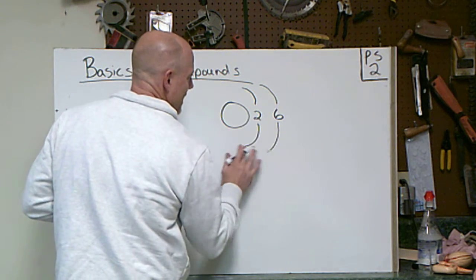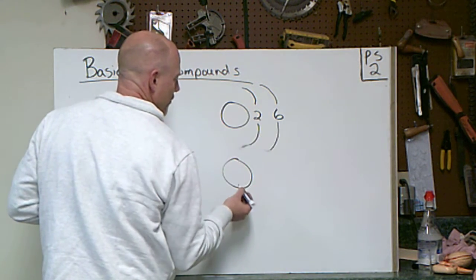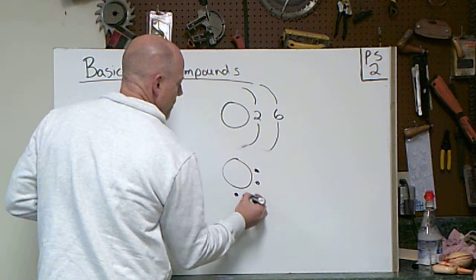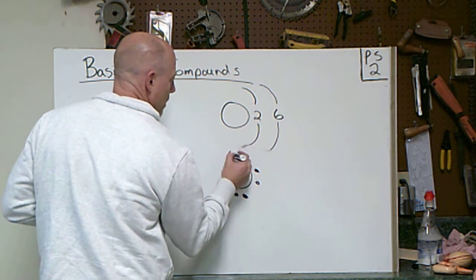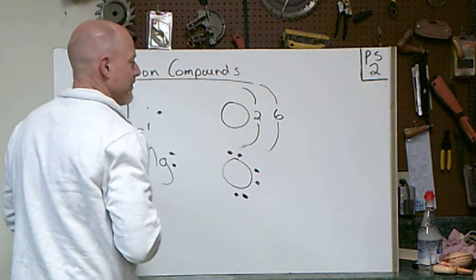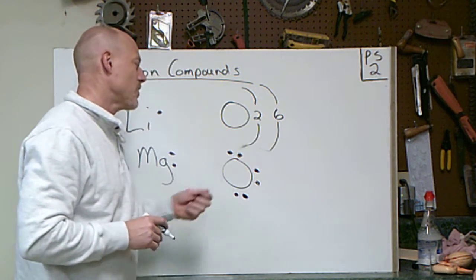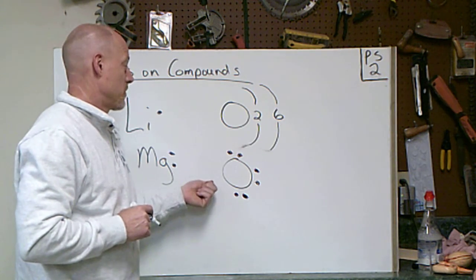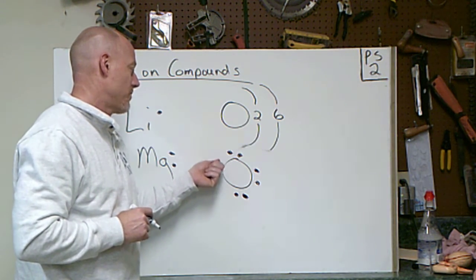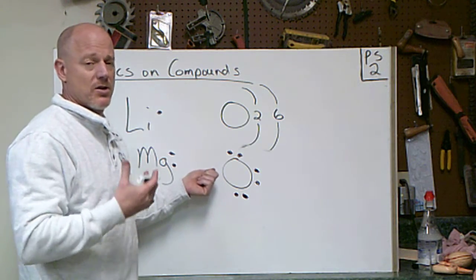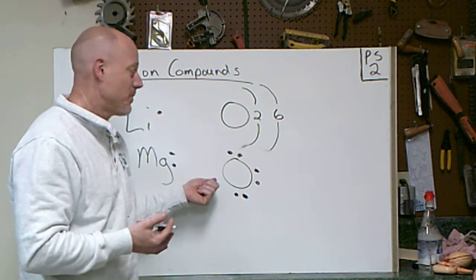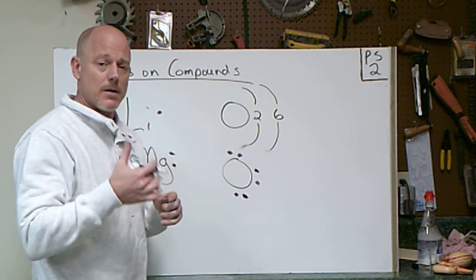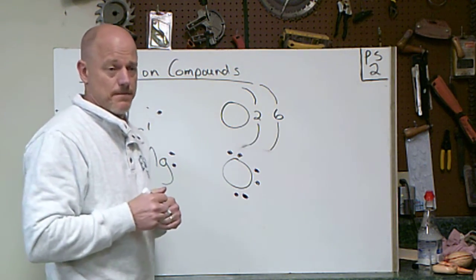You're showing 6 total electrons in the outer shell. I like to write them 2. There's 2 electrons. There's 2 more electrons. There's 4 total electrons, and there is 6 electrons, which is the dot diagram for oxygen. Okay, if they're stable, you would actually put 2 more right here, and those would only be the noble gases that are stable, and the noble gases would have a full 8 on the outer shell, and they're all happy, they're all good the way they are.